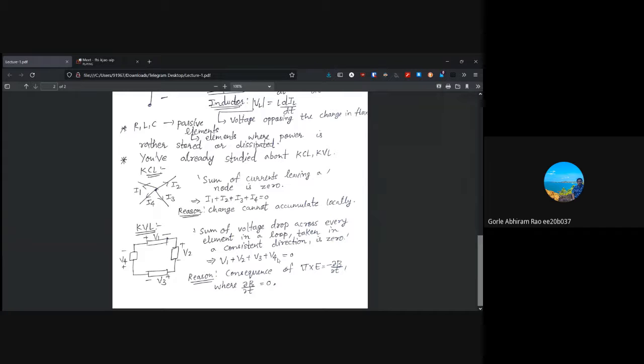In the cases we are looking at, dB by dt is 0, there is no time variation of the magnetic field. So the curl of the electric field is 0, and using that we can state Kirchhoff's voltage law: the sum of voltage drops taken in a consistent direction across each element is going to be 0.